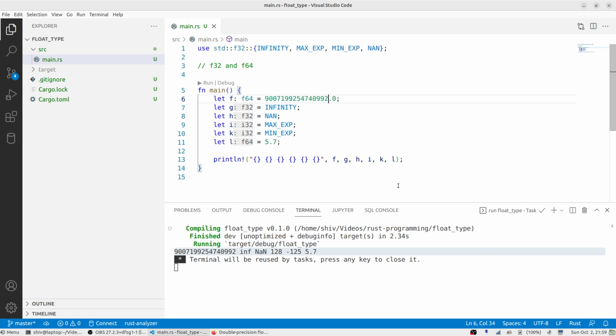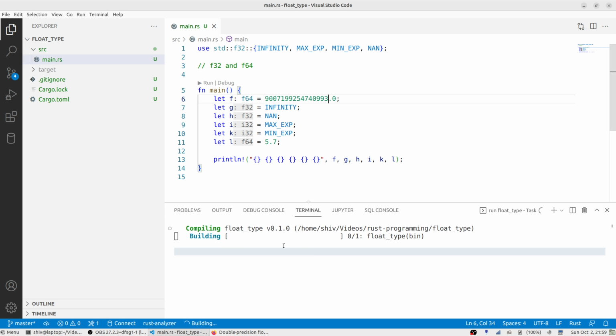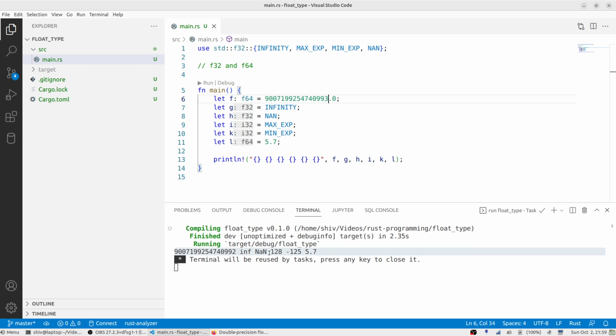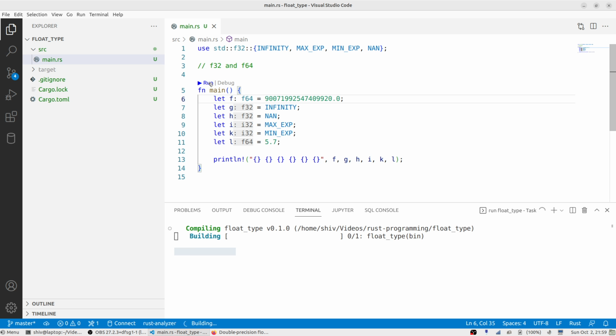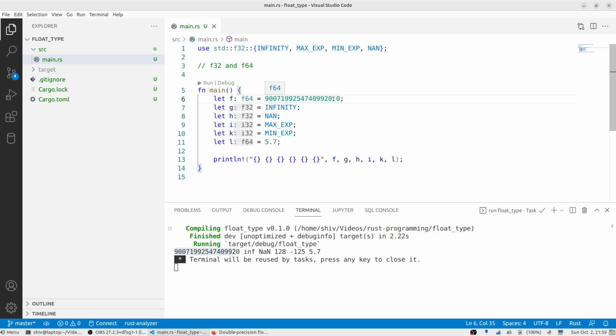Now, if you increase this by 1, let's say we make it 993. Let's see what happens. You see, the number did not increase. But then there is another special property of this. If I say 20, then you will see the number will be printed properly, because now these are increasing the exponent of the number.